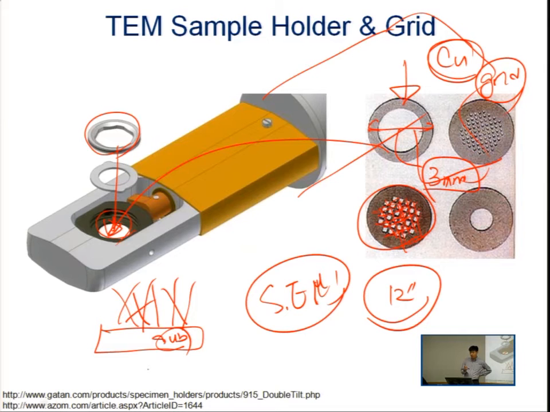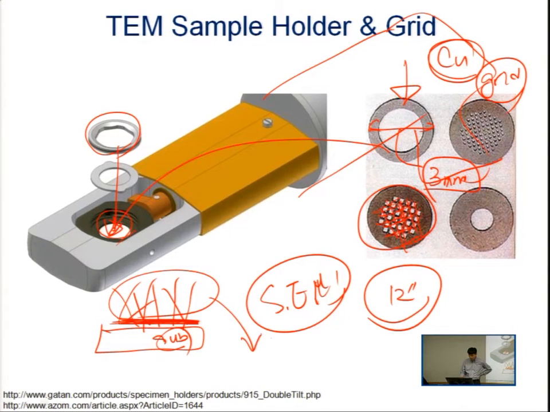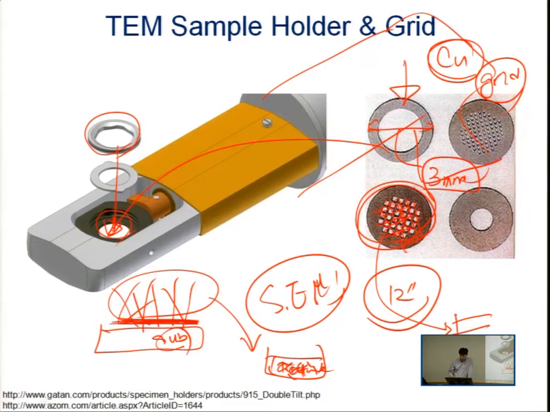Then using a razor blade, we scratch the carbon nanotubes and harvest them into a solution like acetone. A bunch of the carbon nanotubes are dispersed. We use the grid, which has a carbon film net.